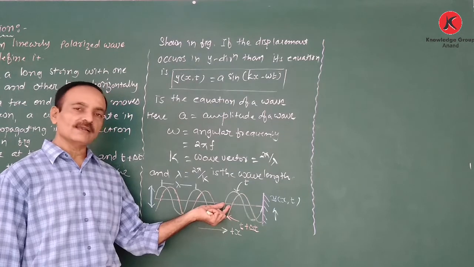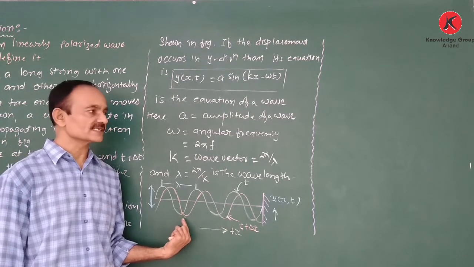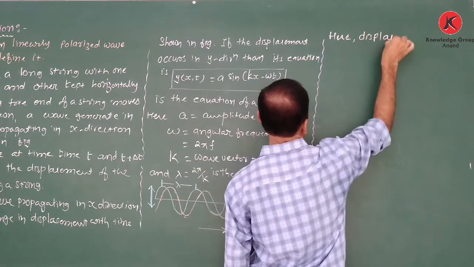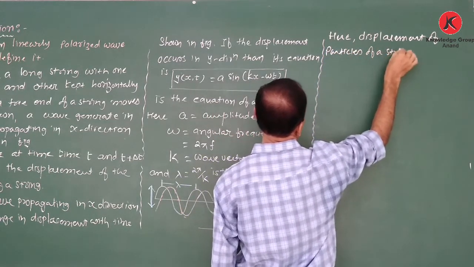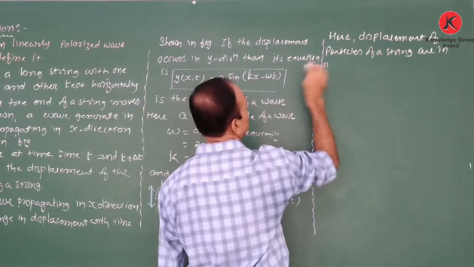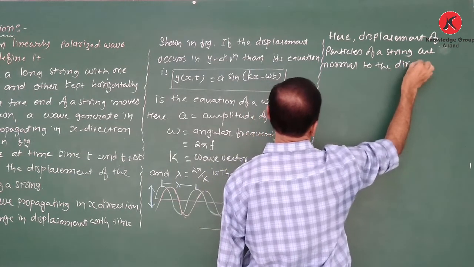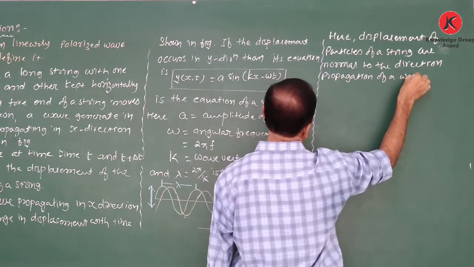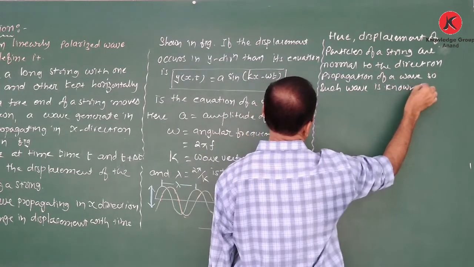From the figure, the displacement of the particles of the string is perpendicular to the direction of propagation of the wave. Therefore this wave is known as a transverse wave. The displacement of the particles of a string is perpendicular to the direction of propagation of the wave, so such a wave is known as a transverse wave.